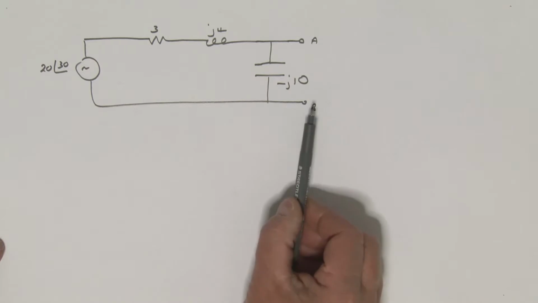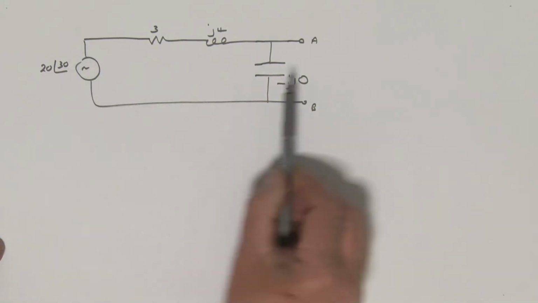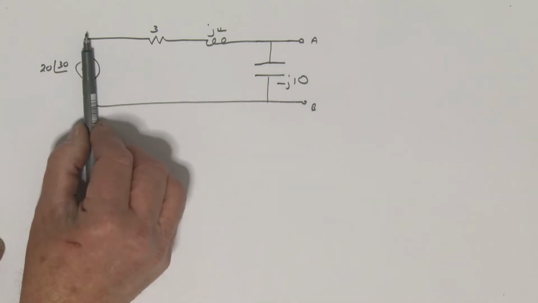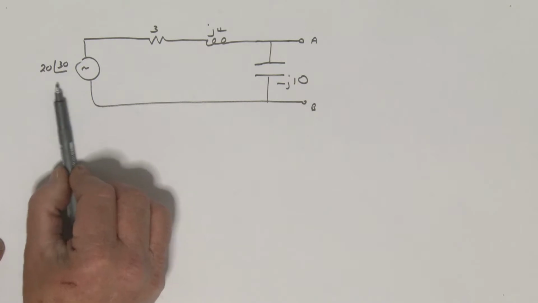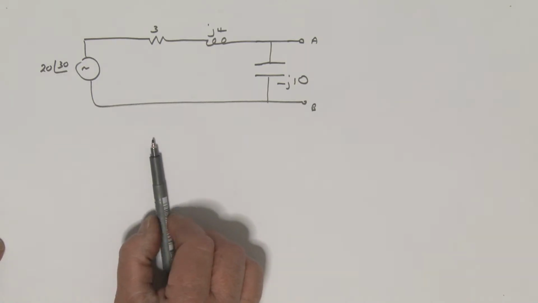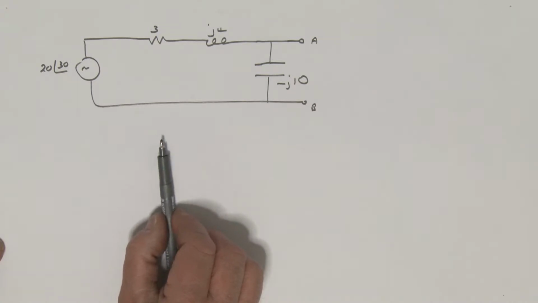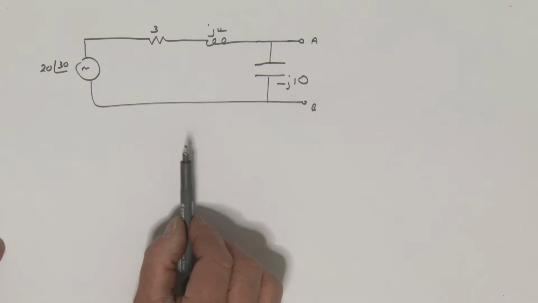Remember, when I'm calculating the Thevenin impedance, zeroing this and just looking in here, this is gone. It's replaced with a short. So does this angle have any bearing on anything when I'm calculating the Thevenin impedance? That's what I want us to think about here, to make sure we really understand that.